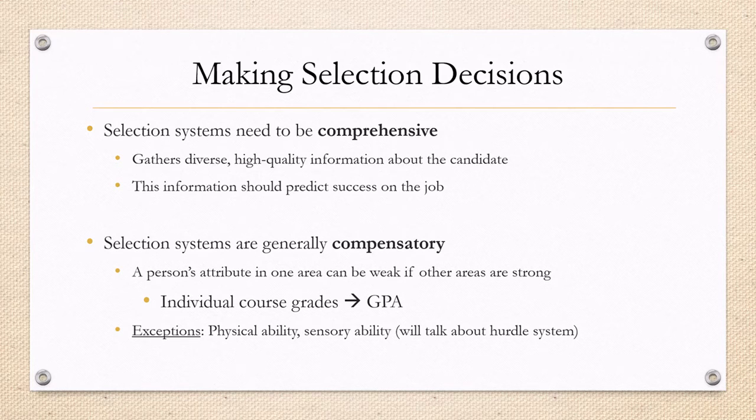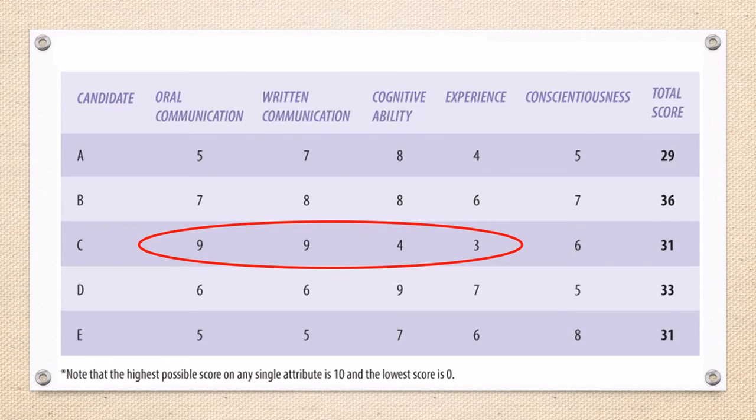There are some jobs, like we talked about, with a dancer or a firefighter, that need some minimal level of physical ability. The same is true with some jobs and sensory ability. So we're going to talk about a hurdle system in a little bit. And this is the extent to which we use cutoffs to say someone has to be above a minimum level to become a successful job candidate.